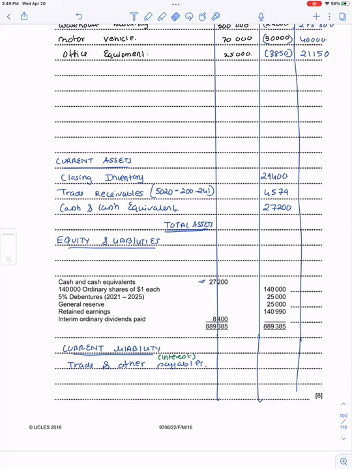So this I will change. Trade payables 6270 and interest payable 625. So it will become 6895.